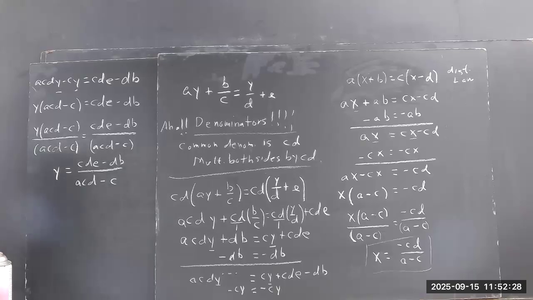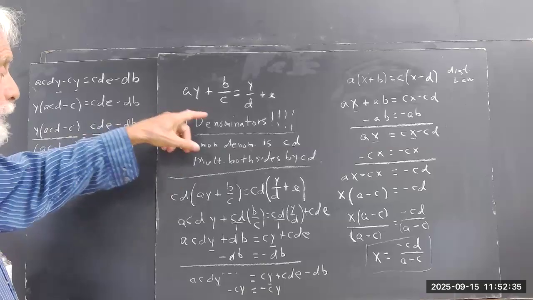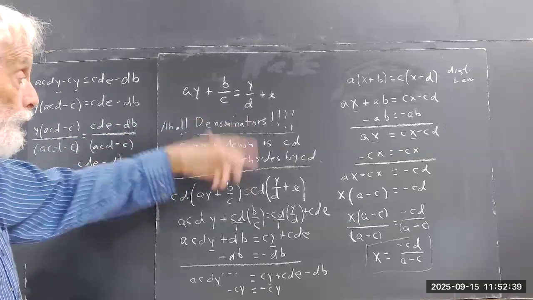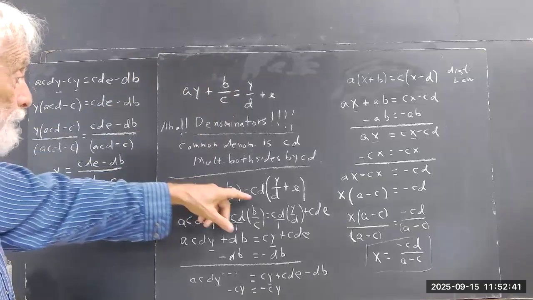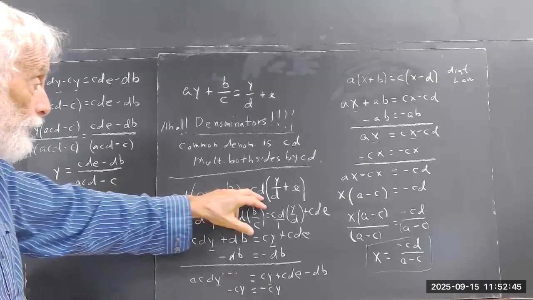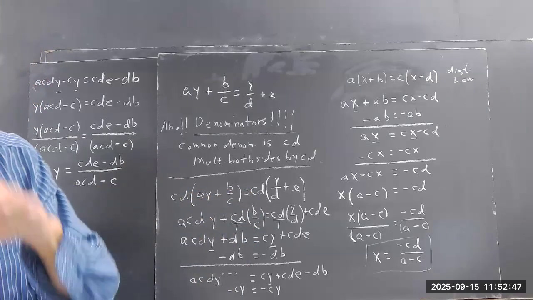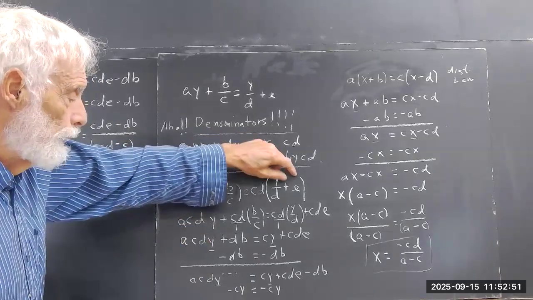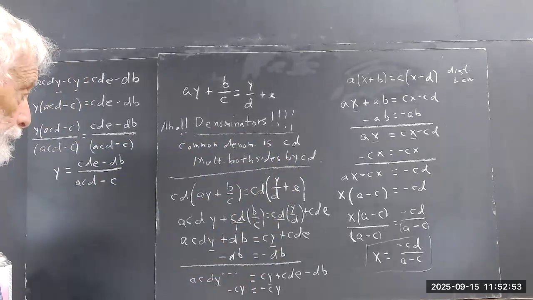Now it looks a little involved because we have a lot of letters, but all we've done is find the common denominator, which is really easy. Your denominators are C and D, so your common denominator is going to be CD. Multiply both sides by CD, being careful to do every step, and multiply every quantity in parentheses by the CD.